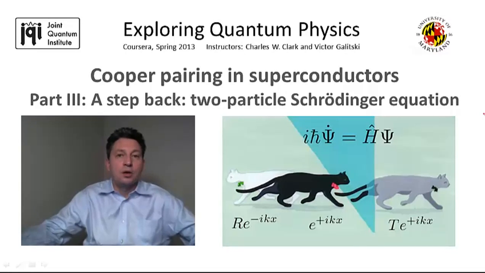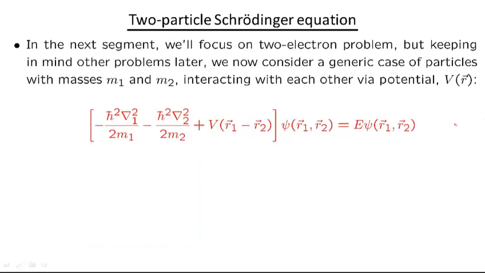Now we actually want to study a two-particle problem, with two particles describing effectively the two electrons near the Fermi surface in the context of superconductivity. And it turns out that two-particle problems in quantum mechanics often reduce to single particle problems. In this segment, I'm going to illustrate how exactly that happens.